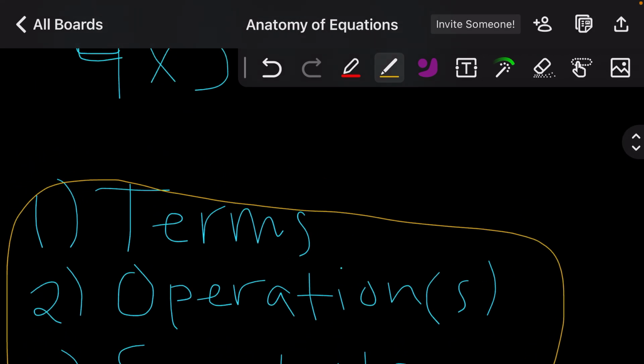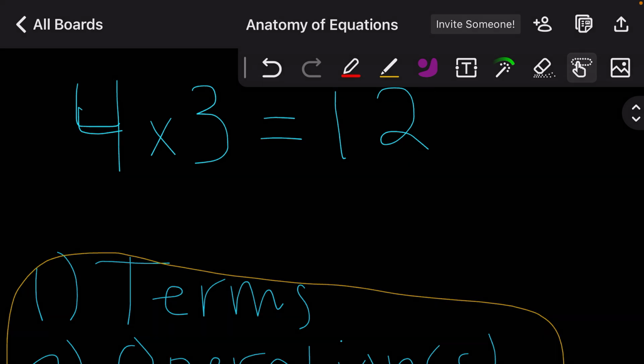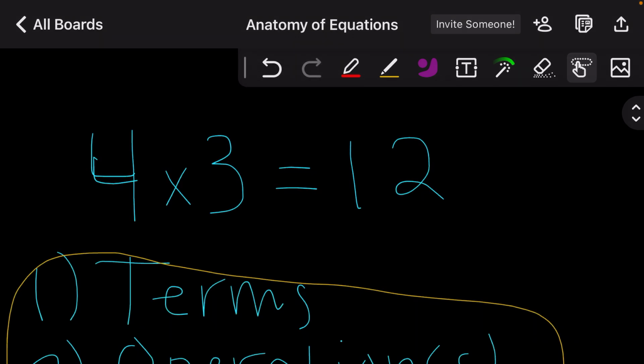So let's scroll back up to 4 times 3 equals 12. And I'm going to just lasso this thing. We're going to move it down. So we've got 4 times 3 equals 12. Let's break down the anatomy of this equation and label all of its parts.